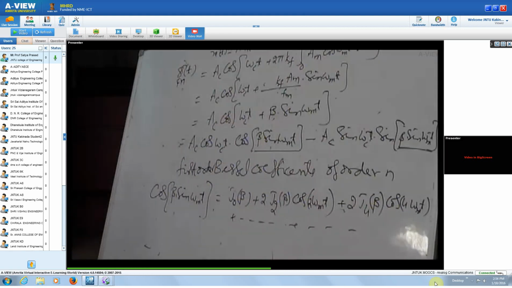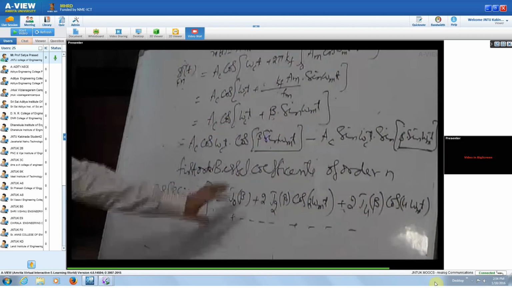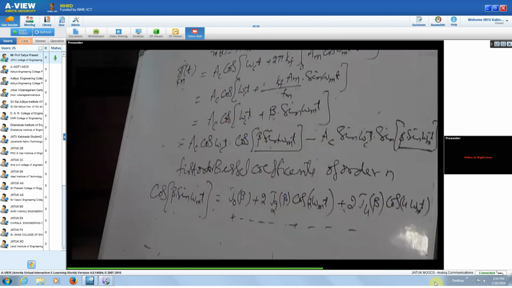Infinite terms. We are expanding this cos of theta in terms of Bessel coefficients.